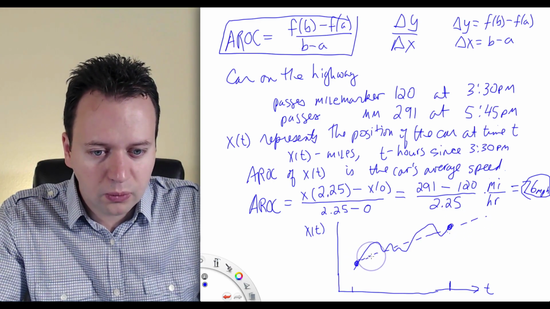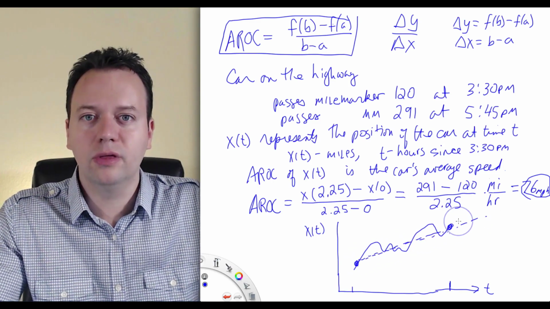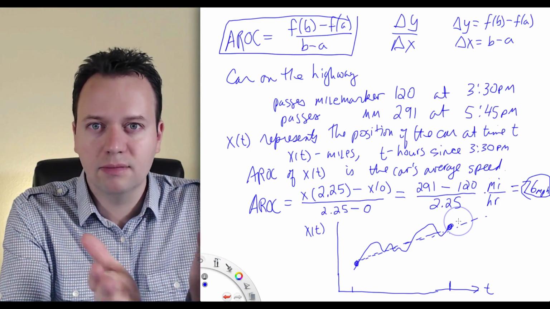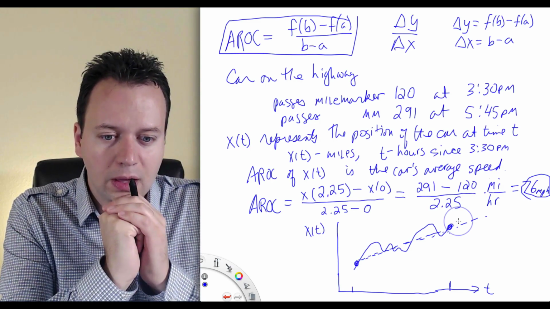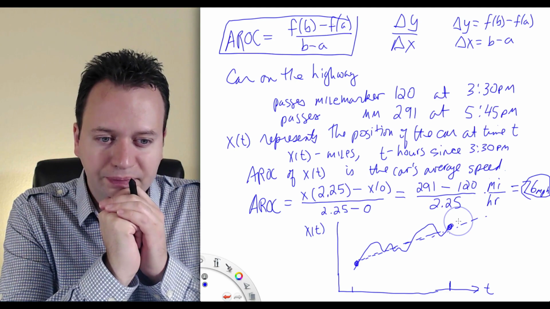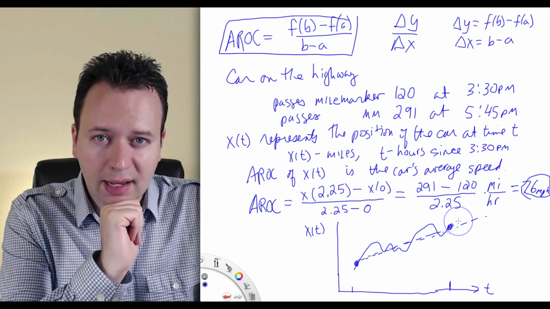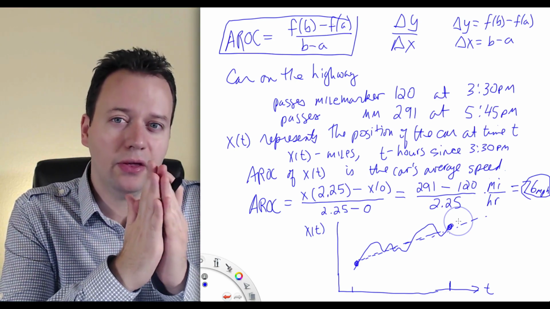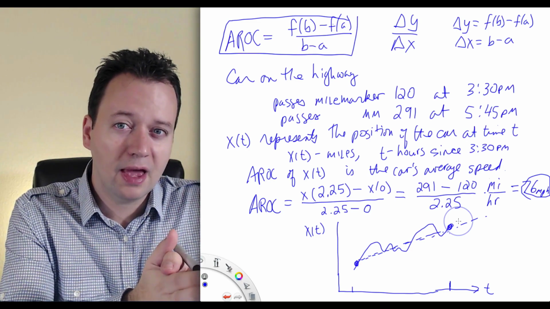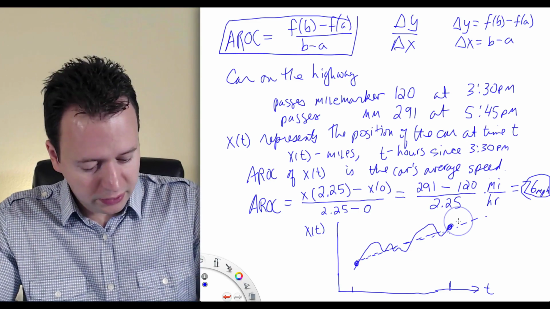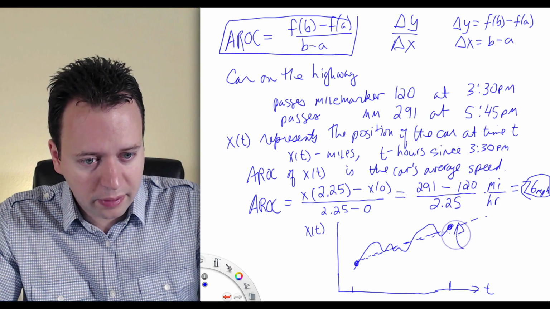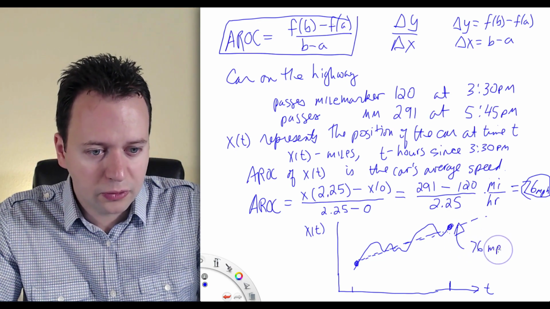Now, what does this mean in terms of this example with position, time, and speed? Well, it means that the straight line connecting the 2 endpoints is the line that you would be along if you drive at a constant speed. So this line has a slope of 76 miles per hour.